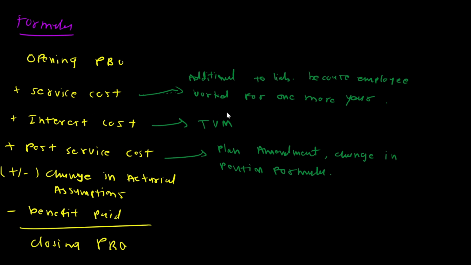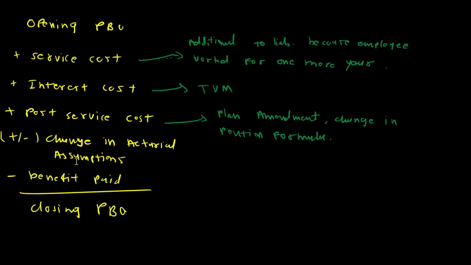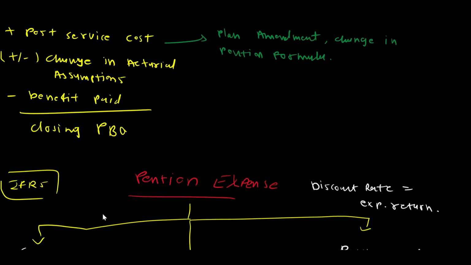Interest expense, time value of money. Past service cost, plan amendment, change in the pension formula. Any changes will be added. Changes in the actuarial assumptions will be added or subtracted, and minus benefits paid. What is paid is subtracted, and you will get the closing PBO.